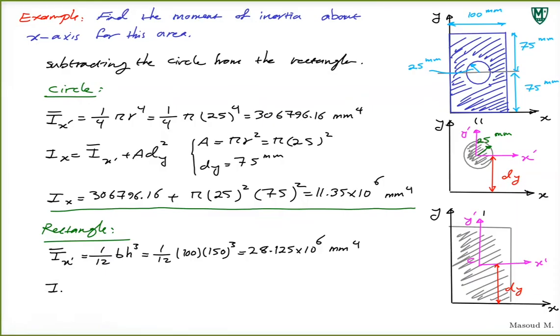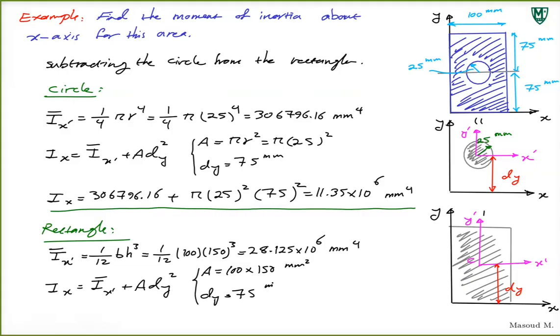So Ix for the rectangle would be Ix prime plus A dy squared, with area being b times h, which for the rectangle is 100 times 150, and dy being just that distance, which is still 75 millimeters.